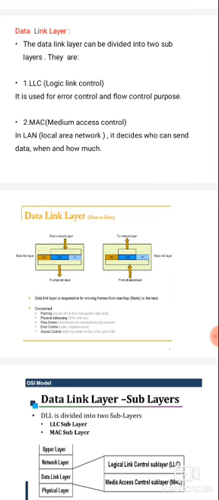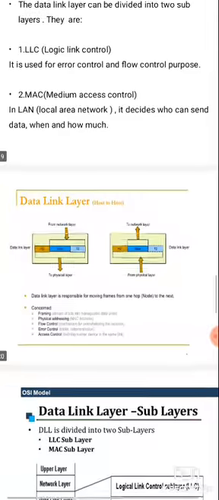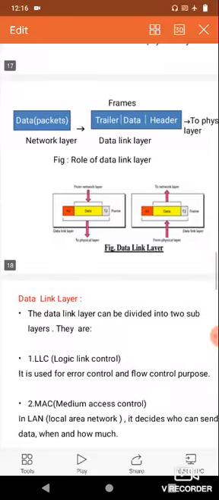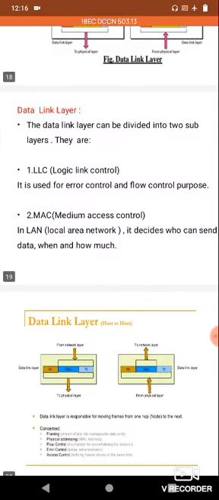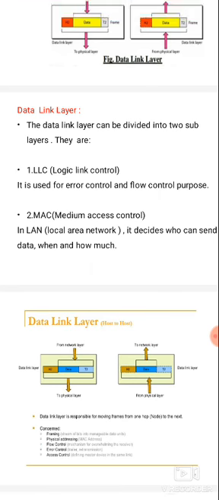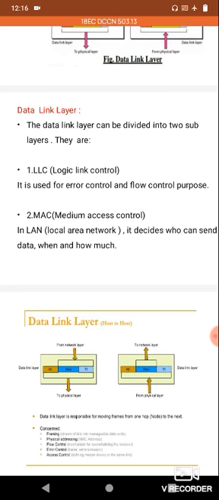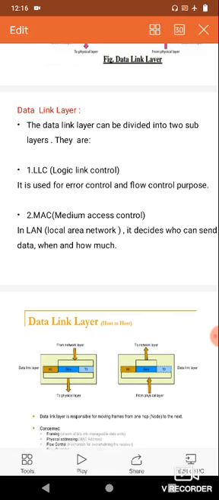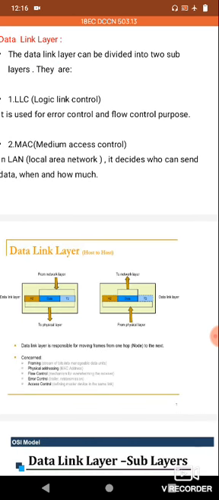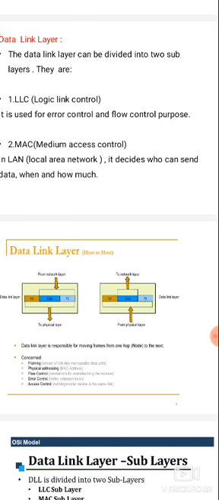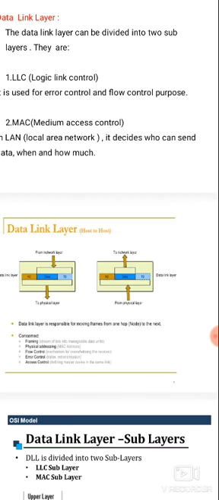Next, this is the block diagram of the data link layer. The data link layer accepts information from the physical layer and it will be exchanged to the network layer, or it receives information from the network layer and passes it to the physical layer. So the data link layer is the middle layer between the physical layer and the network layer.